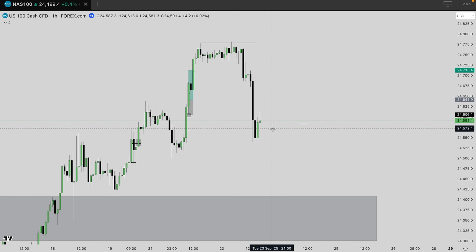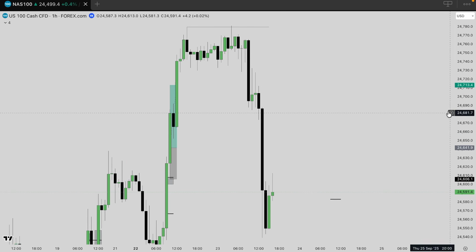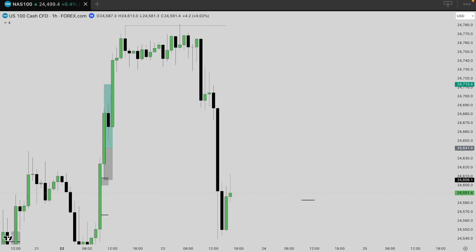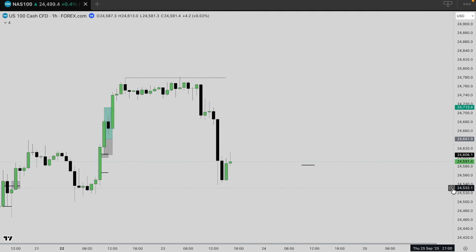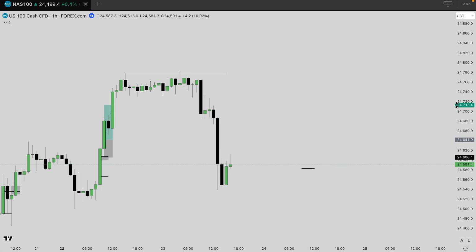So I have a bearish bias with this market. Also looking at this market, we do have a nice change in the state of delivery, closing through up close candles. So my mindset going into our trading session is going to be bearish.